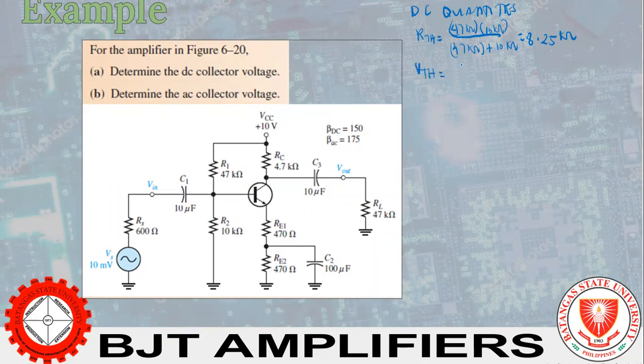So, yung VTH natin is 10 kilo ohms over 47K plus 10K, and that would be 1.75 volts. So, yung IE, na-determine na natin yung formula kanina nito, no? VTH minus VBE, which is 0.7, over RE, which is 470.